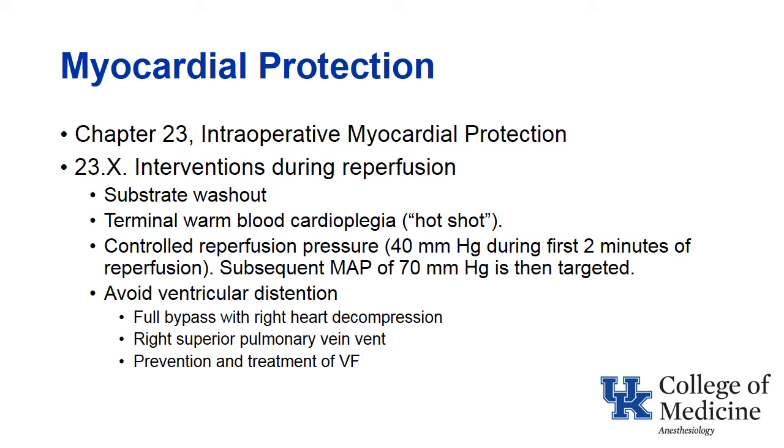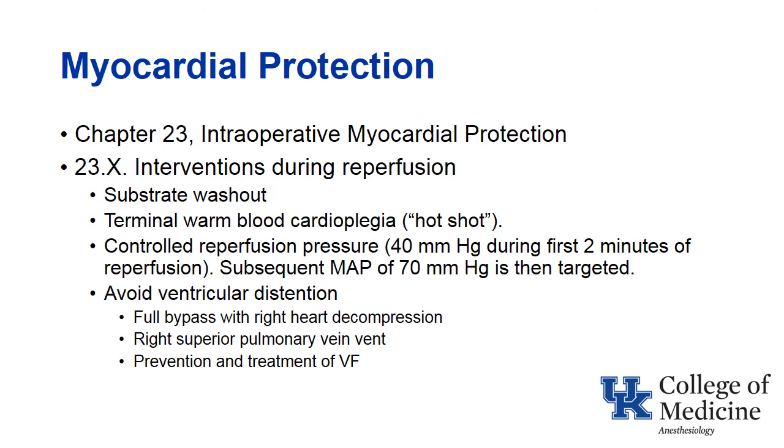Some of the other strategies which may be employed during reperfusion include substrate washout, which can occur with intermittent cross-clamp removal, the use of terminal warm blood cardioplegia, also called hot shot. As mentioned a few slides back, a controlled reperfusion pressure, that is using a 40 millimeter maximum during the first 2 minutes of reperfusion, with a subsequent target of a mean pressure of 70 millimeters of mercury is recommended.